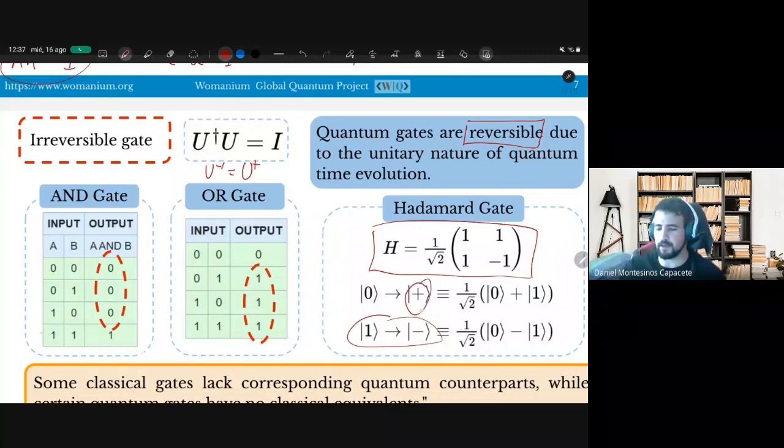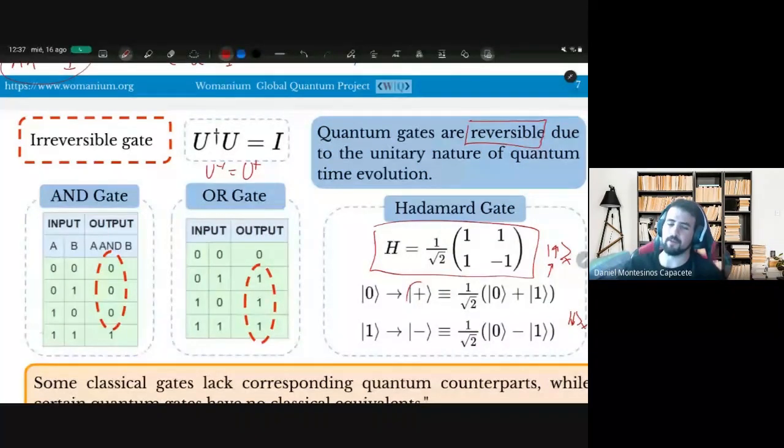Remember, this plus and minus are related to the up and down states of your system that we were discussing when we did the diagonalization. Remember when we were talking about matrix diagonalization? It's just this vector, but in quantum computing they normally call them plus and minus.